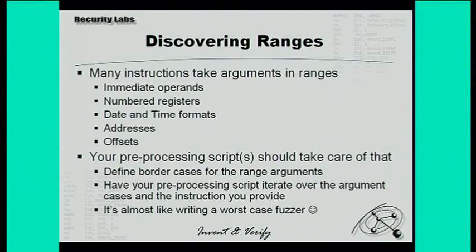Many instructions take argument ranges, registers, immediates, date and time formats, what have you. And here's where the next preprocessor script comes in. You want to generate the ranges in a script and then automatically extract the bytecode, as I showed a few minutes ago, so that you're not typing by hand all the time. It's almost like writing a very dumb fuzzer.